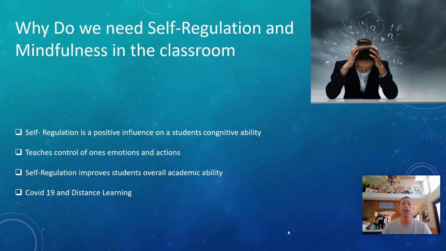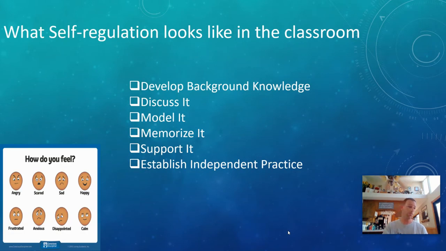I see a lot of my students don't feel that way right now. So we need to help them realize we're back on track. And if they are sad, if something happened during COVID, if they had a death in the family, this is the time where we can help them gain the tools to work through those issues and those emotions. So what does self-regulation look like in the classroom?